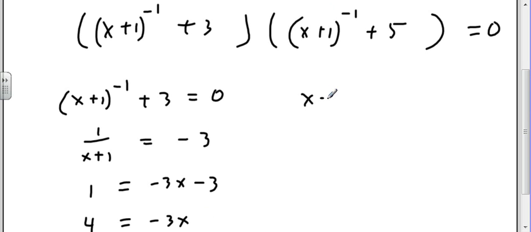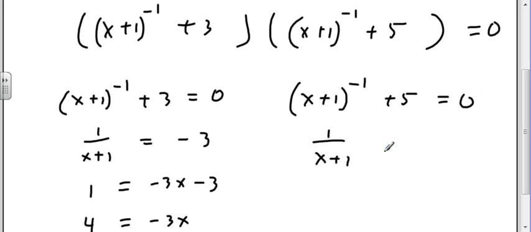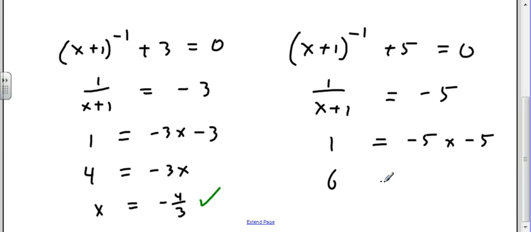I look at the other side of the equation. I can have x plus 1 to the minus 1 plus 5 equal to 0. 1 over x plus 1 could equal minus 5. 1 would equal minus 5x minus 5. I could have 6 is equal to minus 5x.